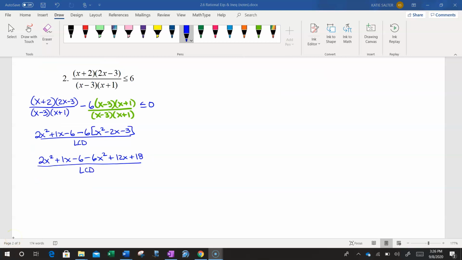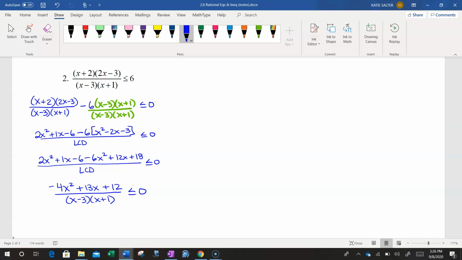So then when we combine like terms, we end up with negative 4x squared plus 13x plus 12 all over our LCD, which I'm going to now put back in here, is x minus 3 times x plus 1. And we know all of this is less than or equal to 0. I didn't carry that down, but I should have right here.